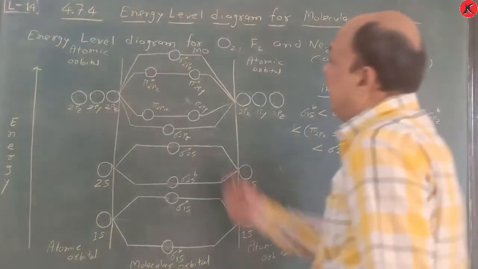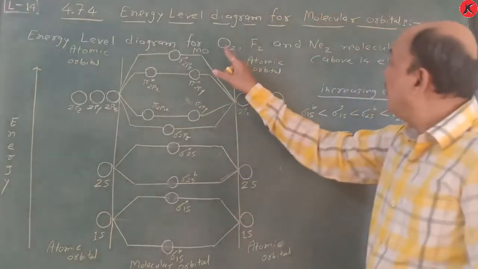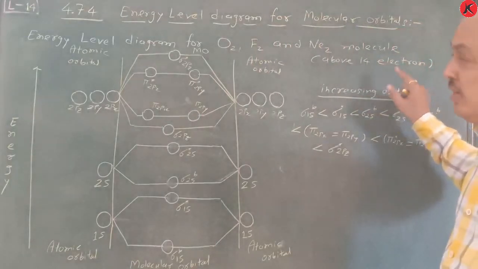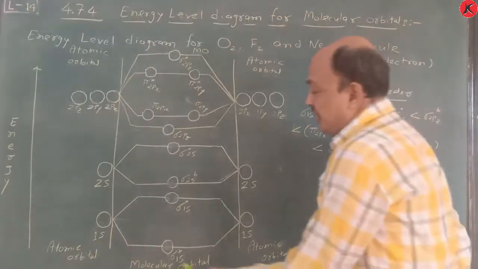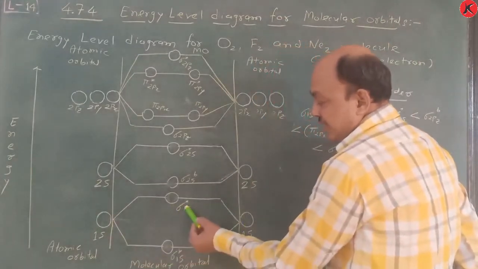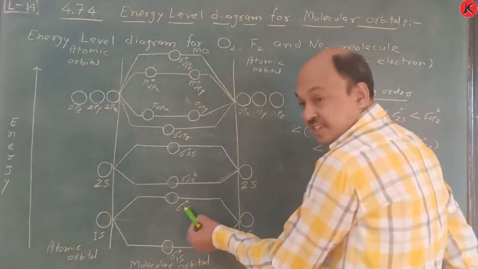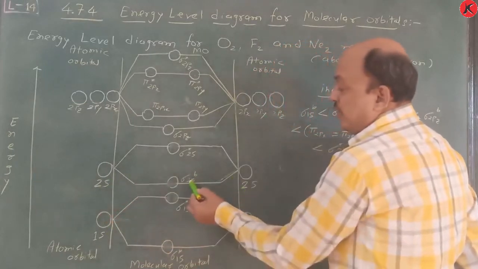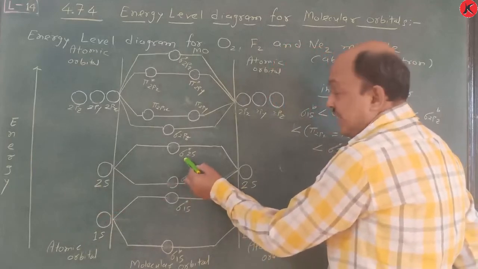Now here is the energy level diagram for O2, F2 and Ne2 molecules, above 14 electrons. Okay, so here, just you see 1s orbital, there is no problem. Sigma 1s bonding, sigma star 1s anti-bonding. 2s orbital, sigma 2s bonding, sigma star 2s, that is anti-bonding.